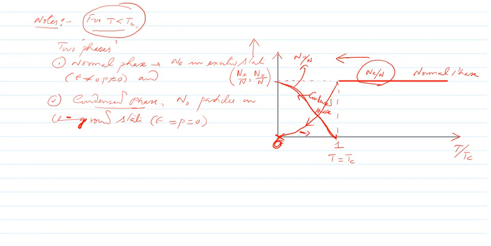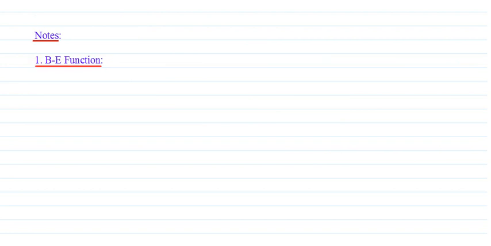Now another thing you have to see is regarding the Bose-Einstein function that we have been using throughout our discussion. The Bose-Einstein function is expanded as a series. Usually we say G nu of Z, where nu is known as the order of the Bose-Einstein function. G nu of Z can be expanded as a series in terms of the gamma function. So it is equal to 1 by gamma of nu, integral from 0 to infinity, x raised to nu minus 1 dx, divided by z raised to minus 1 e raised to x minus 1.